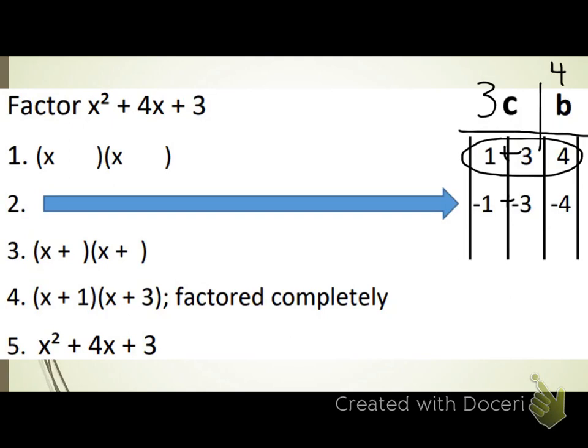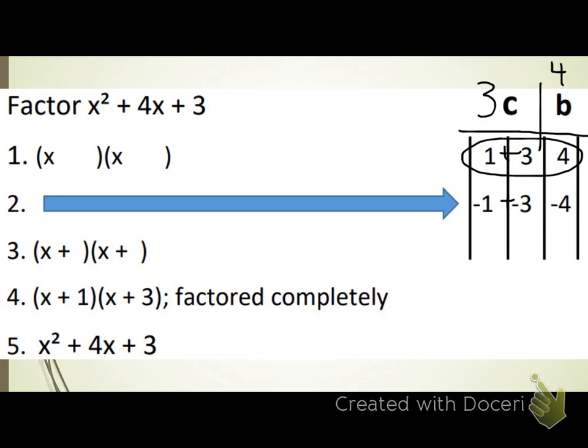Step 3 says, what will the two signs be in your parentheses? There's 2 ways I can determine that. I can look straight at my polynomial. If there's a plus sign in front of my C value, that tells me that my signs are going to be the same. So either both positive or both negative. If they're the same, the sign in front of the B value tells me what they'll be.